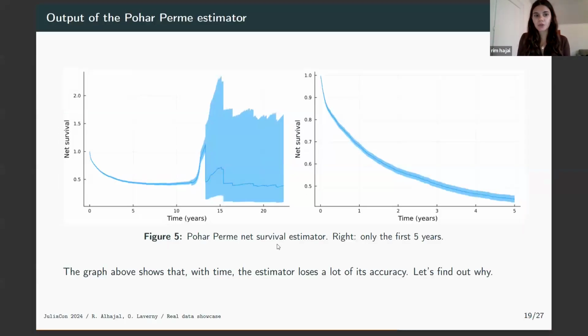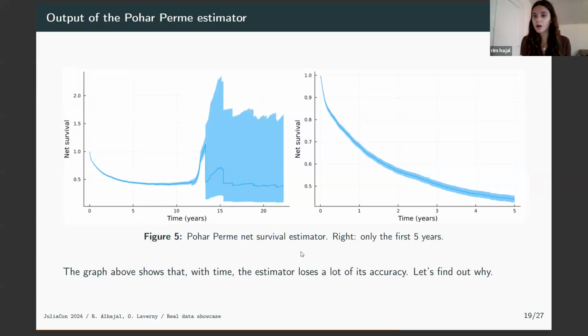And for a better visualization, we can tell that the graph on the left looks a little bizarre. So within around 11 years, the survival probability starts increasing, and then our confidence intervals are way too large. This also is apparent in the R version. This isn't an issue from Julia or from the package. This is an issue with the estimator.